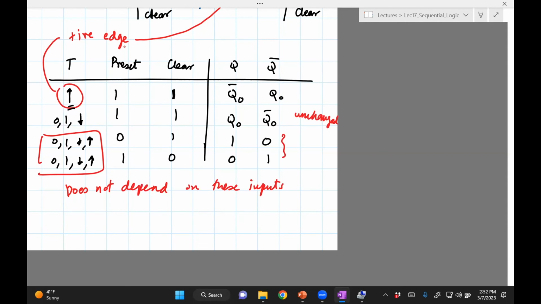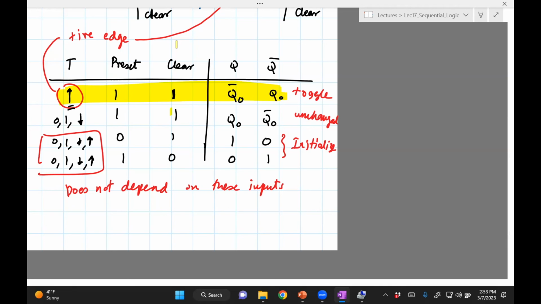So this is the initialization. In other words, the useful function of this is in this mode. If you want to toggle, this is the key line you're trying to use in whatever circuit logic you have. Okay.